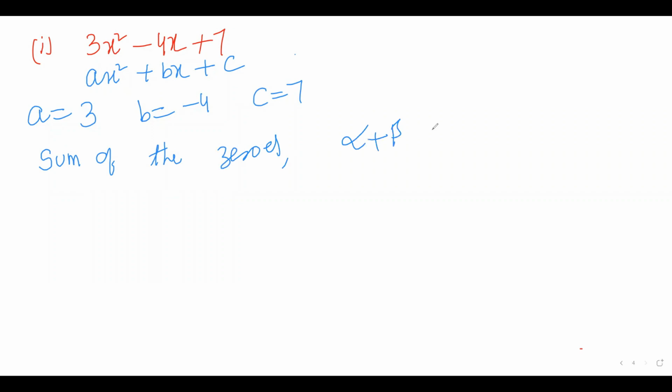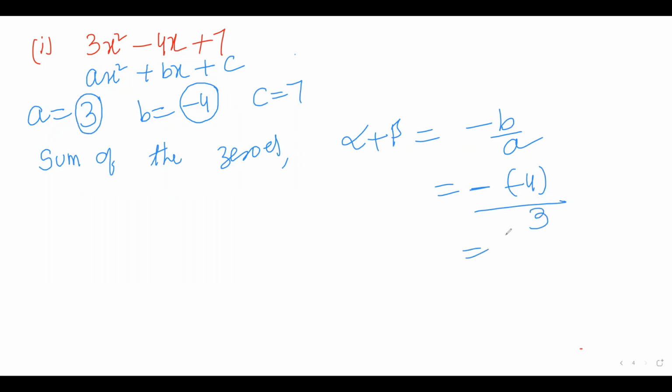Alpha plus beta, sum of zeros, is given by minus b by a. What is the b value? Minus 4. What is the a value? 3. Minus of minus is plus, so 4 by 3 is the sum of zeros.